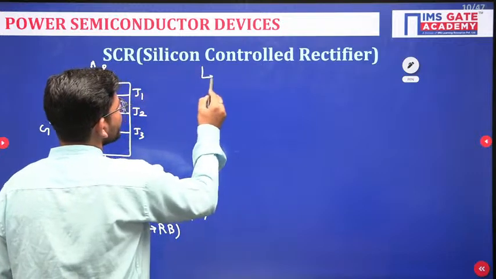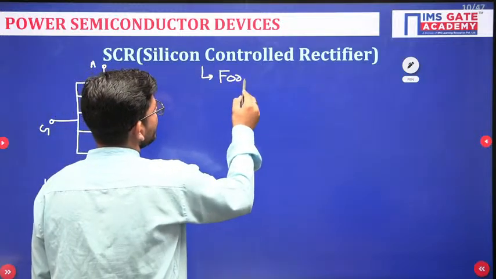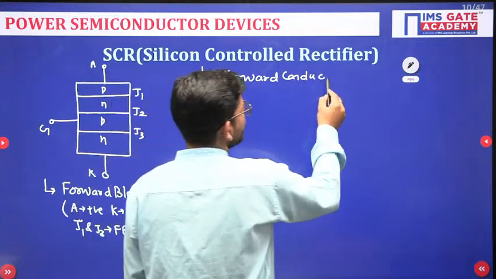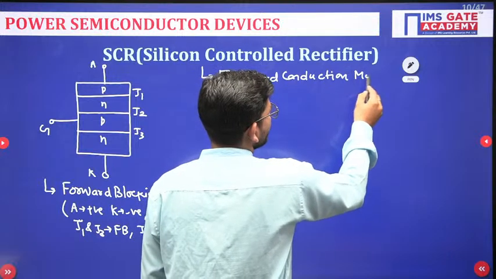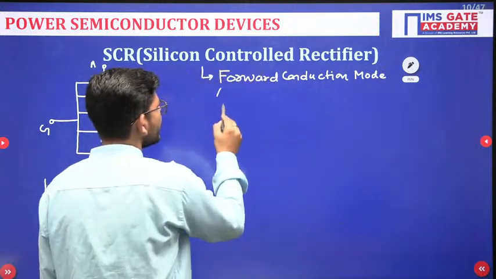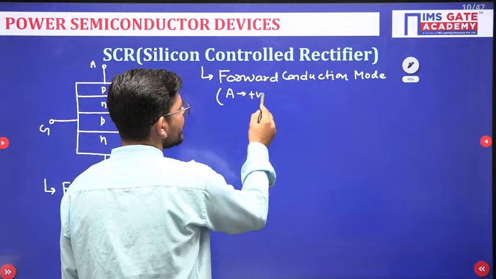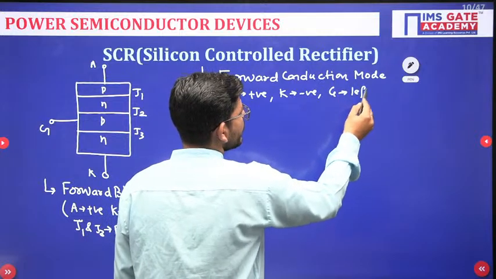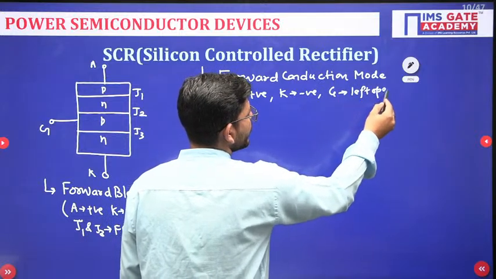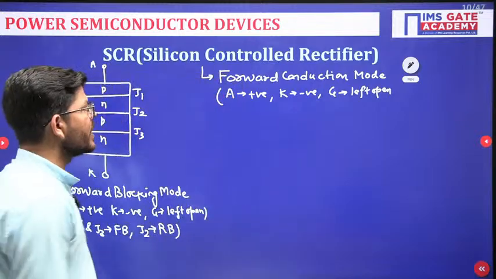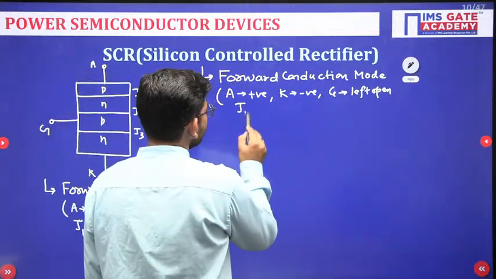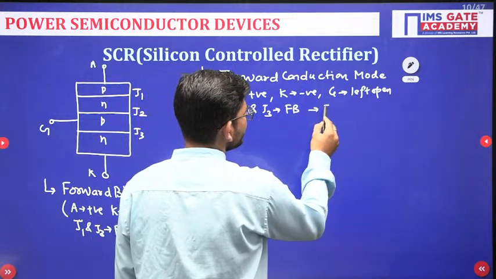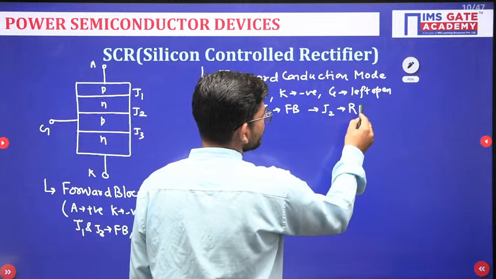Then we have the forward conduction mode. In forward conduction mode, the anode is still positive and cathode is negative, and the gate is still left open. Junctions J1 and J3 are forward biased, but junction J2 is reverse biased.